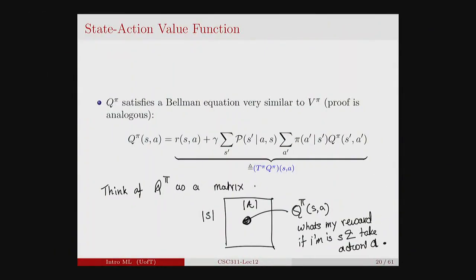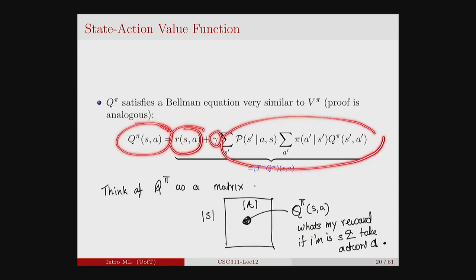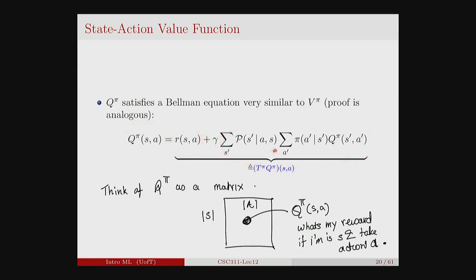But for now, we're going to focus just on this Q matrix. And so we know that V pi satisfies this Bellman equation. And so the question is, does Q pi as well? And it turns out that it does. And so you can write Q pi as the current reward plus discounted future rewards. And remember, in the previous slide, we had this as V pi of S prime. And I've just expanded out V pi to write it as a function now of Q pi.